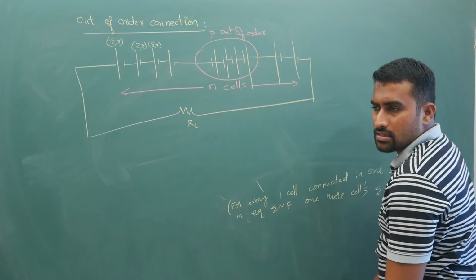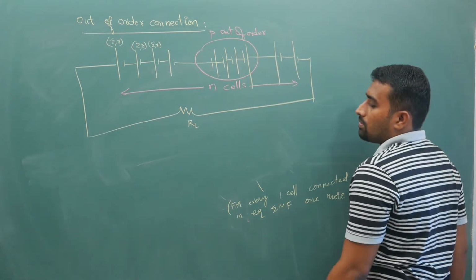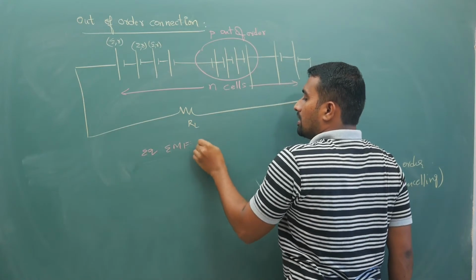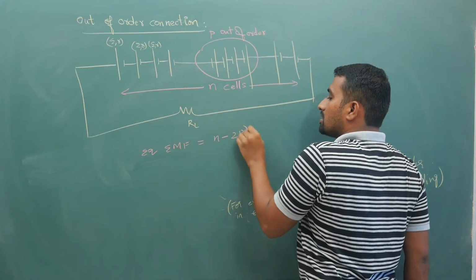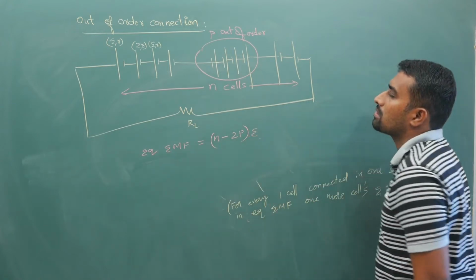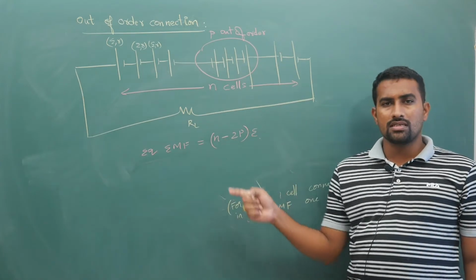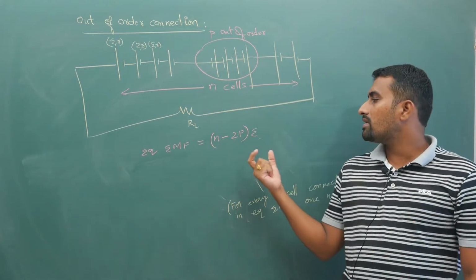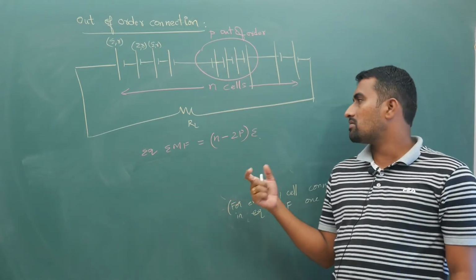Now in this case, if you ask me what your equivalent EMF is, it is (n minus 2P) into E, because for every one cell, one more cell's E is cancelling off. Like that, for P cells, P more cells' E will cancel off. That plus P and minus P will cancel off.